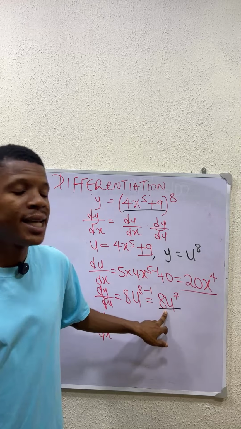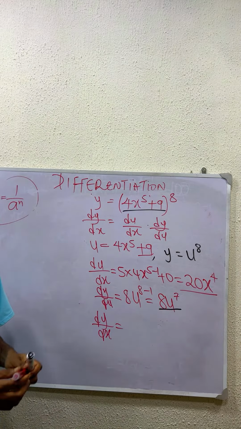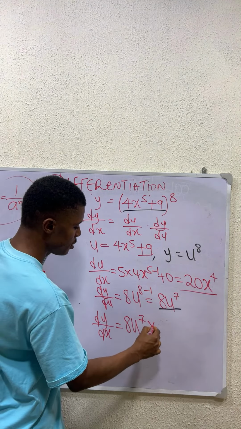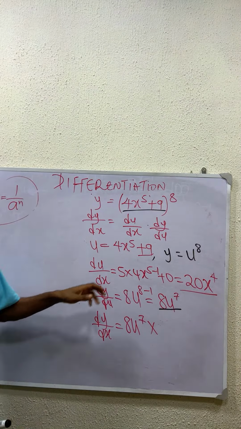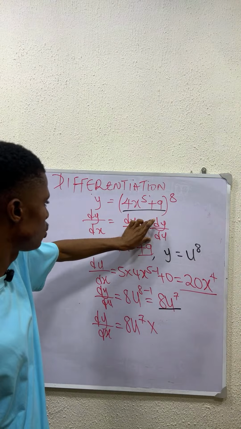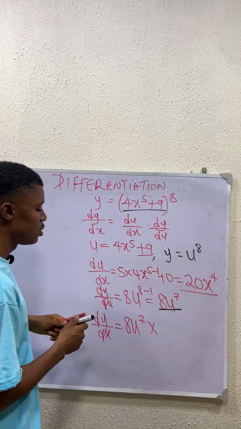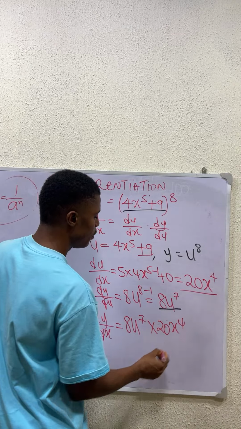We got it to be 8u power 7, so we have 8u power 7 times, then the next one, differentiating u with respect to x, oh, we just flipped it. So let me put the next one, which is 20x power 4.